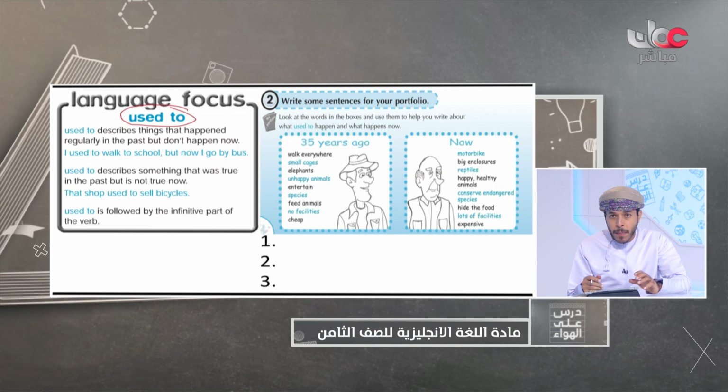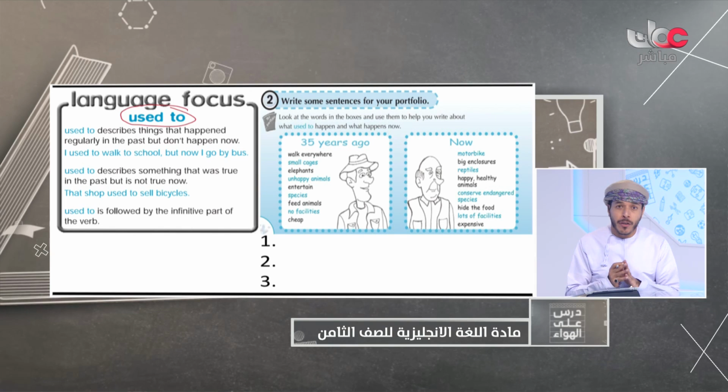For example, for me, I used to play football, but now I don't play football. I have no games to play actually, okay? But this is the idea. I used to play football, but now I don't play football. So I quit or I stopped playing football. And this is the idea of using used to.